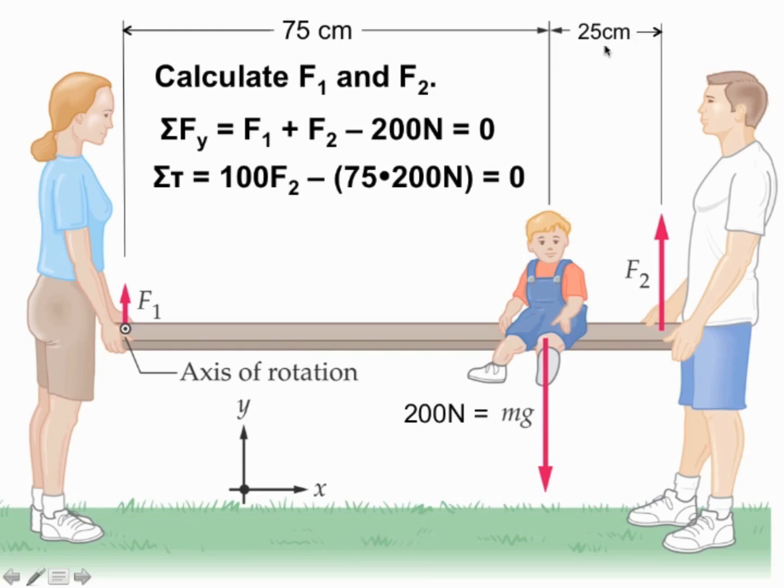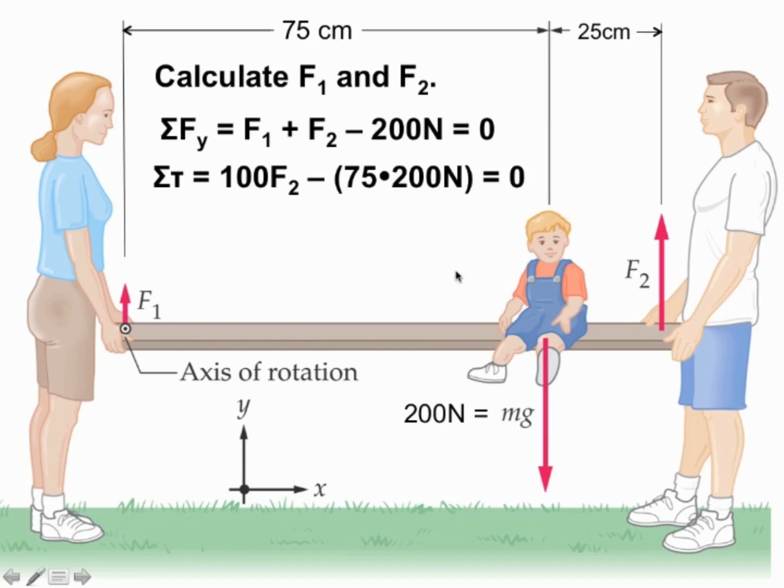A distance of 100 centimeters away from the axis of rotation. And also notice that 100 F2 is positive. It's positive because since F2 is going up, it would tend to create a counterclockwise rotation. And remember that counterclockwise is always positive. Now let's forget about Daddy for a second and let's look only at Junior.